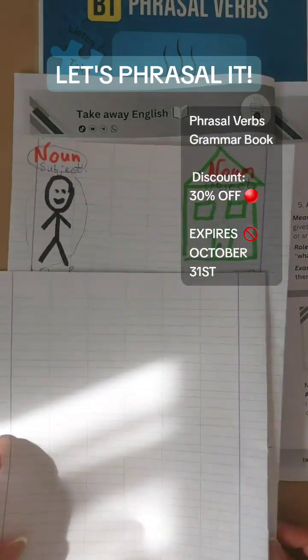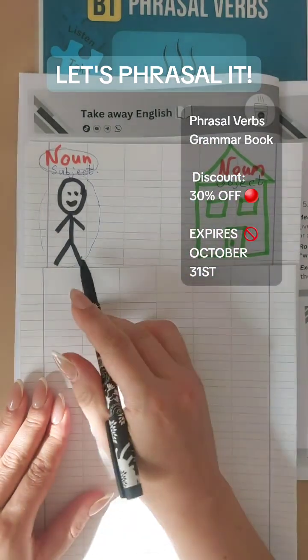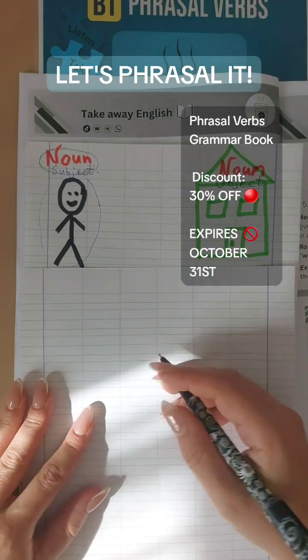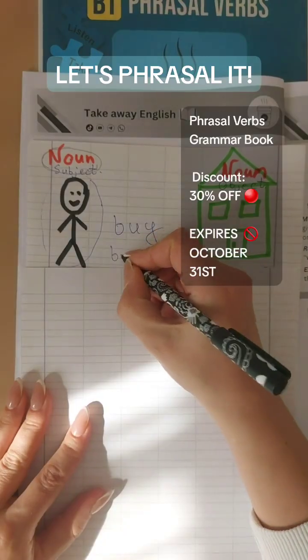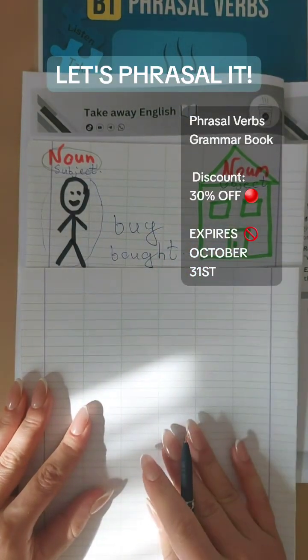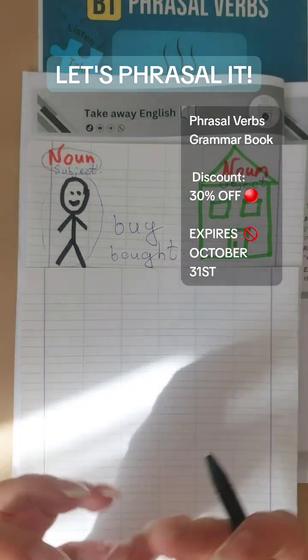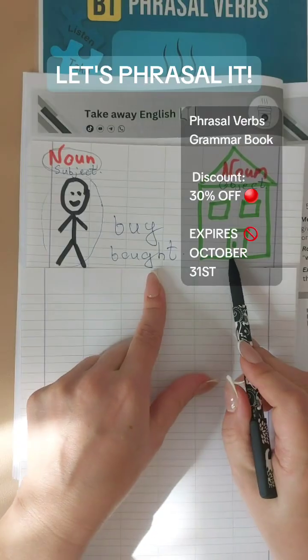So we already have Tom and a house, 2 nouns, and we have a verb buy, right? Buy, bought. And we can build a sentence, Tom bought a house.